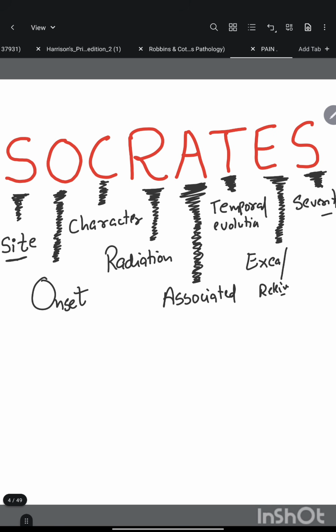Whether the pain is getting relieved by medications or not. And lastly, severity. Though objectifying severity is quite a task, we can ask the patient to scale it from 1 to 10. If the patient is in agonizing pain, he might tell you that he is giving 9 out of 10 marks. So that means you have to consider the pain and act promptly and swiftly.